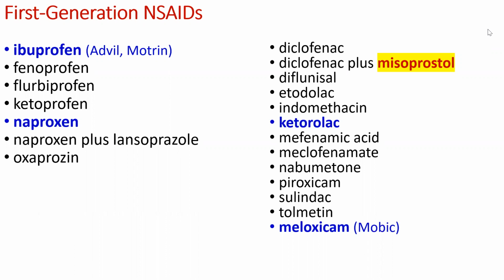Other NSAIDs, or non-steroidal anti-inflammatory drugs, include ibuprofen and ibuprofen-like medications. Ibuprofen and similar NSAIDs are the most common drugs for treating mild to moderate pain and inflammation.